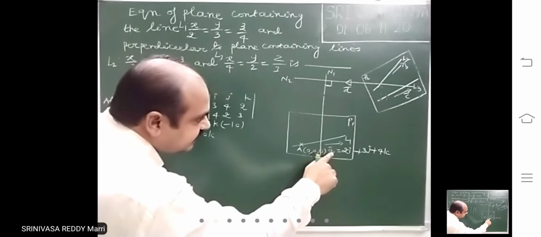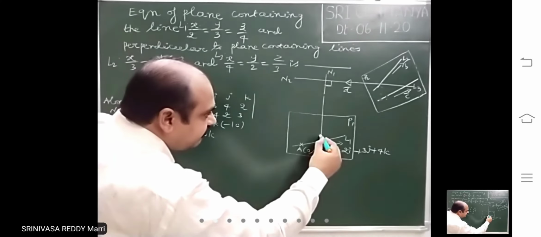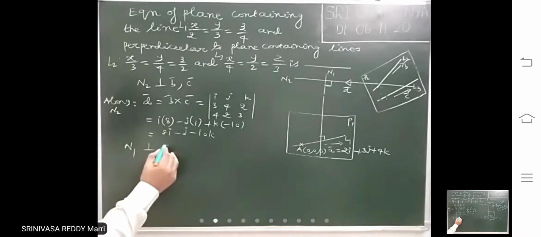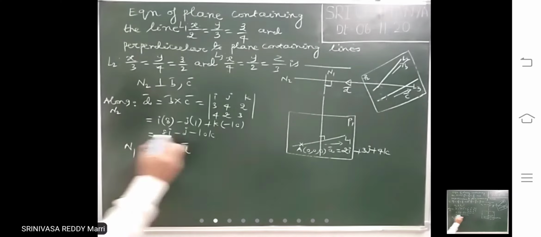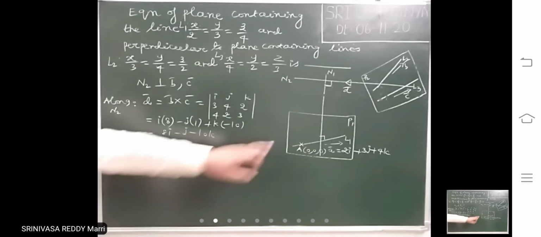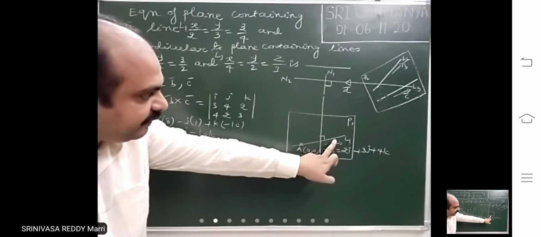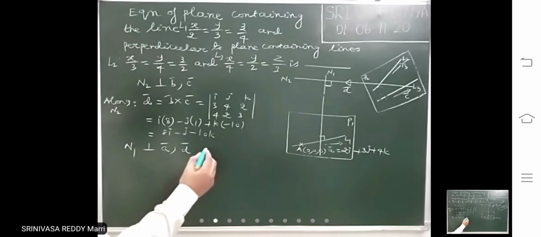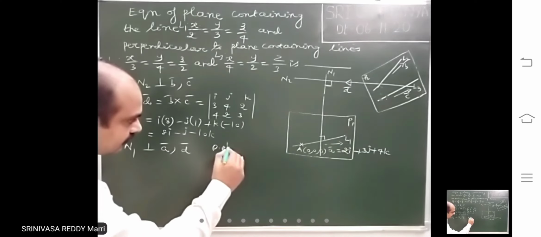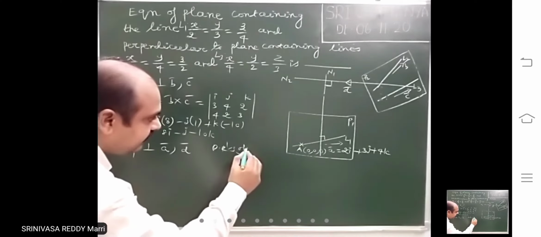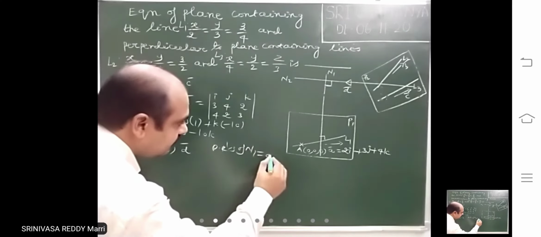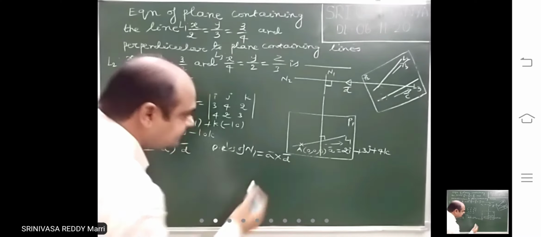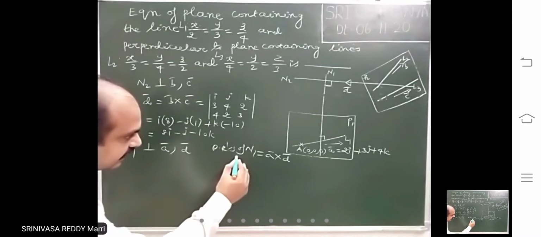So N1 will be perpendicular to A bar and D bar. That means drs of N1 is given by A bar cross D bar. Let us find out A bar cross D bar.